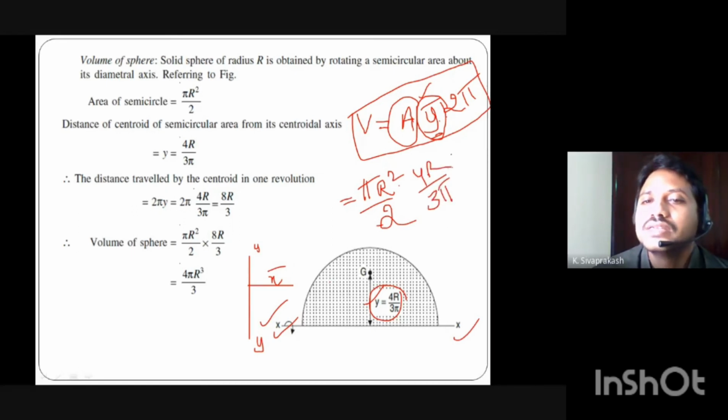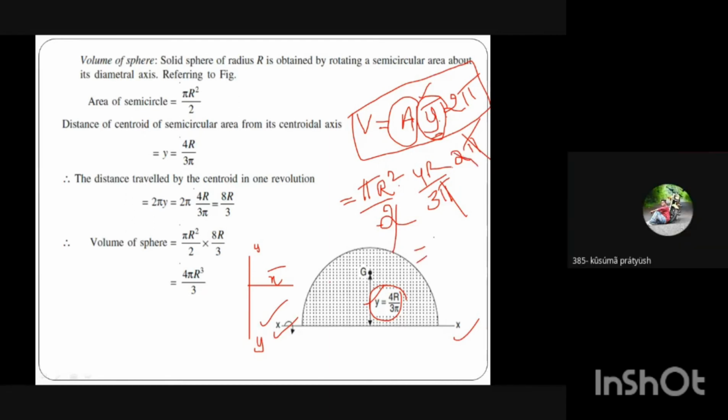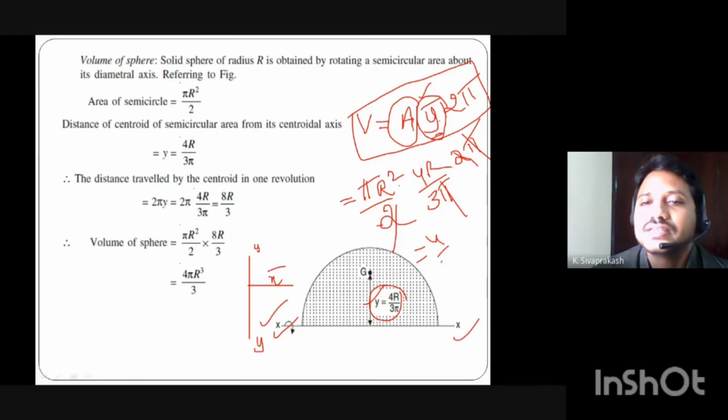And here 2 pi is there. And pi cancelled, and 2 cancelled. The remaining will be 4 by 3 pi r cube. So 4 by 3 pi r cube is the volume of the sphere.